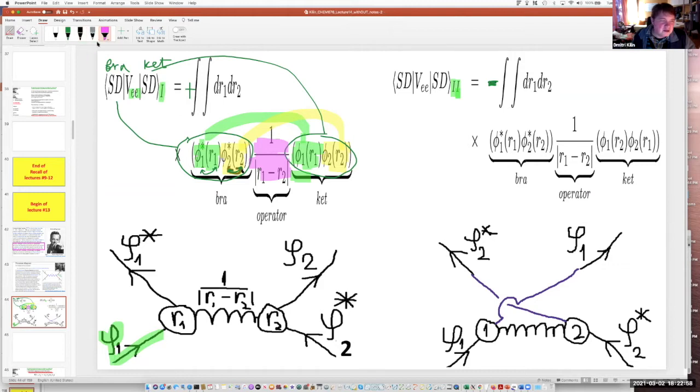And after interaction, it still remains a function phi1 for the first electron, but with star. So the greenish thing is here, and this wavy line corresponds to this Coulombic interaction. The straight lines and arrows correspond to the wave function before and after interaction, before the electrons collide and repel from each other.